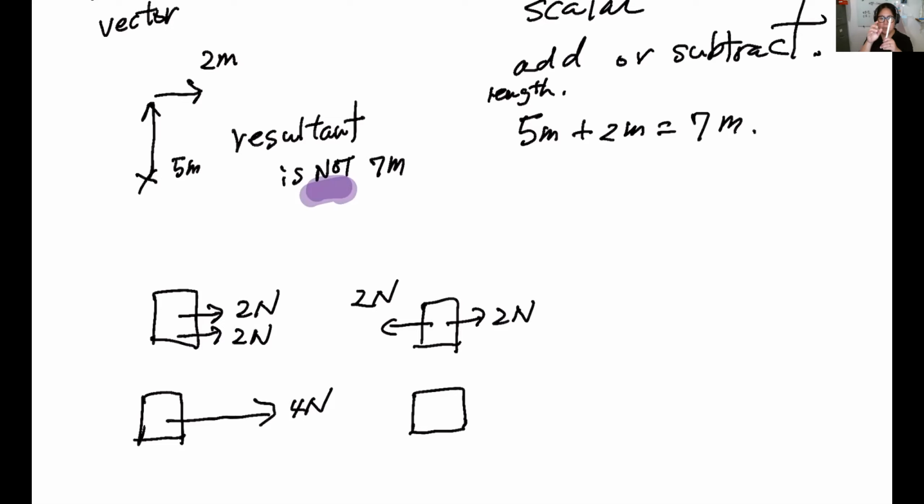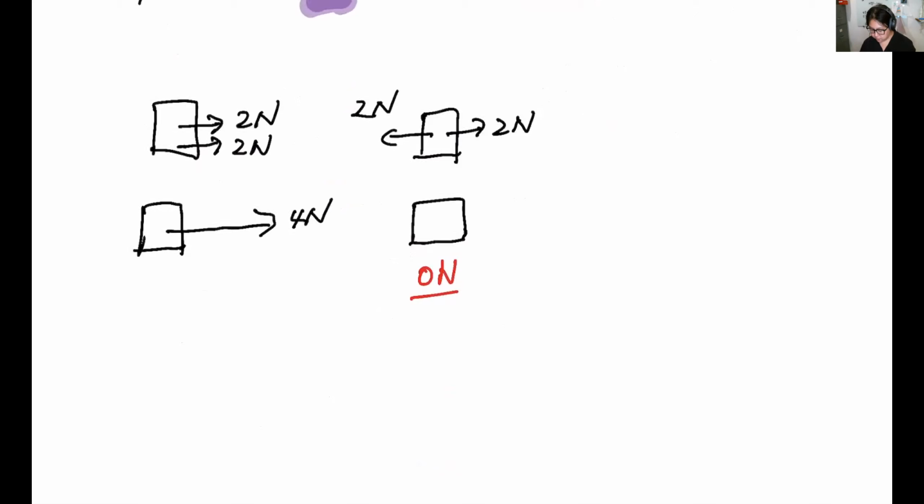If you have 2 Newton pushing to the right and 2 Newton pushing to the left, what's the resultant? That's right. In this case, it's 0 Newton. So it's the same 2 Newton and 2 Newton, but how you add them matters when you take direction into account.